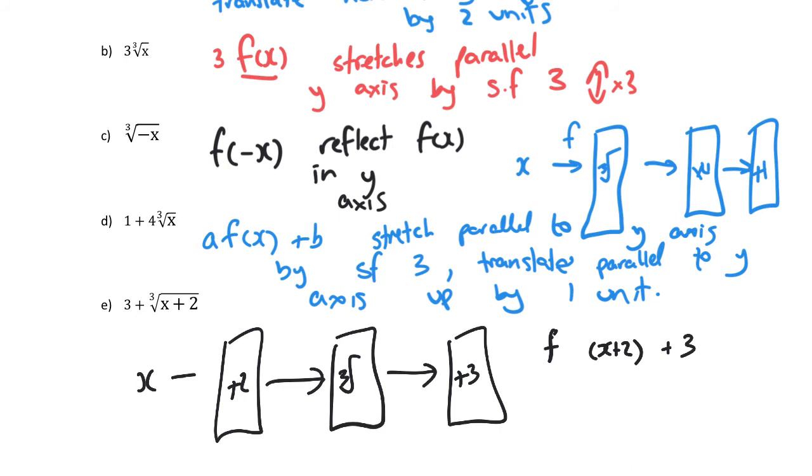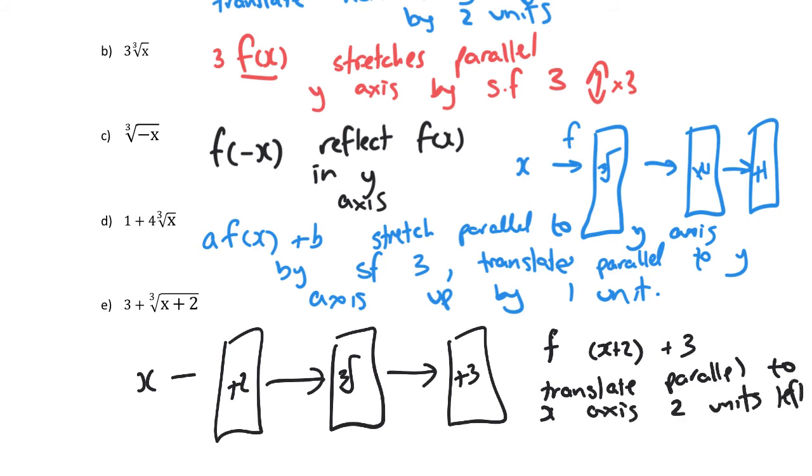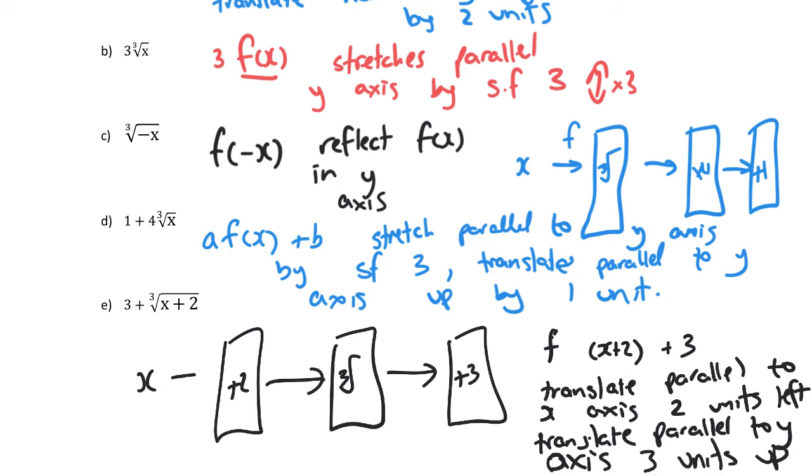So the effect there is it's going to be translated parallel to the x-axis, 2 units to the left, and then translated parallel to the y-axis, 3 units up. So the 2 moves it to the left by 2, and the 3 will move it up by 3.